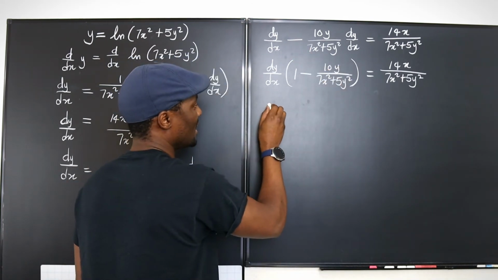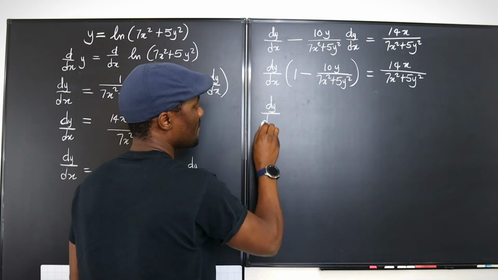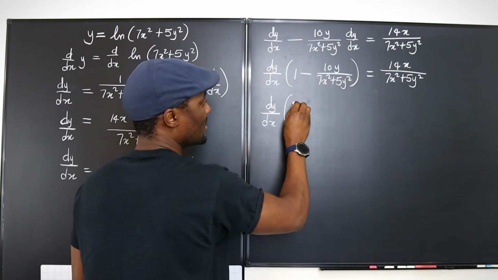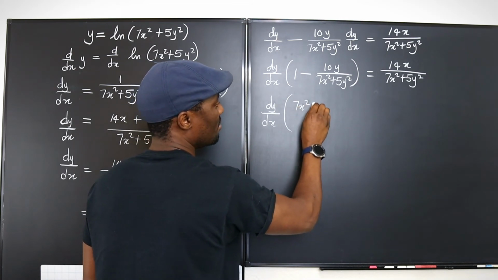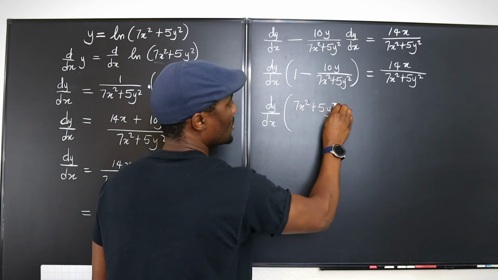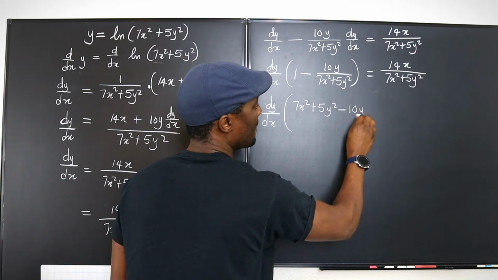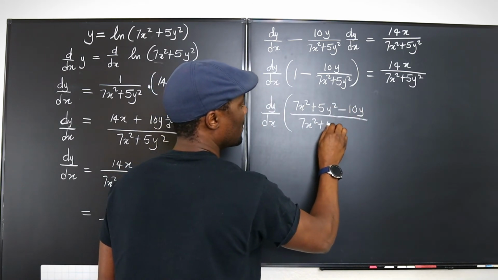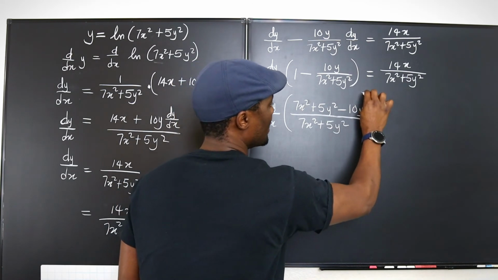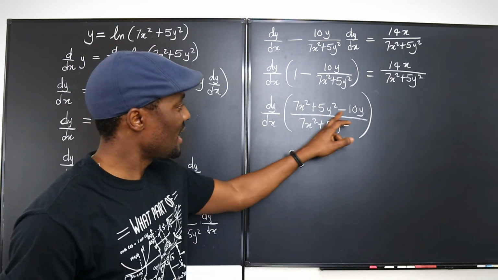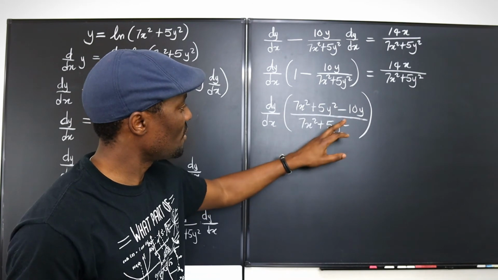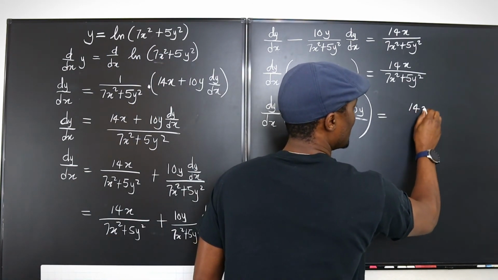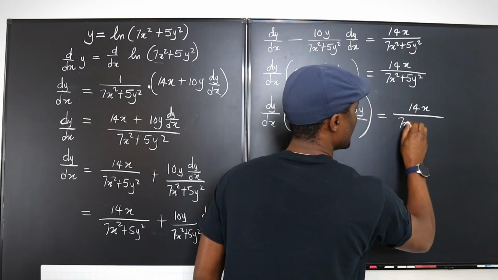So this is going to look like this. dy dx into, if you simplify this, it's going to become 7x squared plus 5y squared minus 10y over 7x squared plus 5y squared. That's the expression you have. Nothing can subtract from anything, so this is just what you have, but it makes our work a lot easier and cleaner.